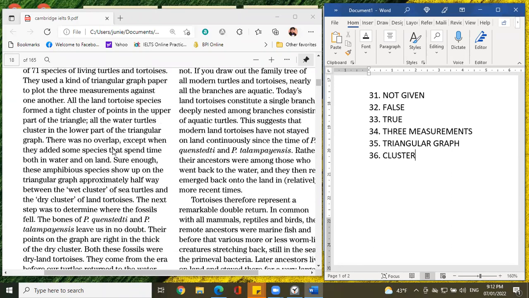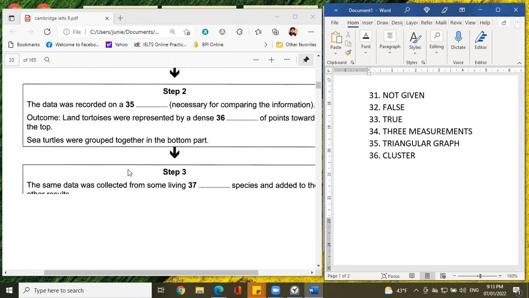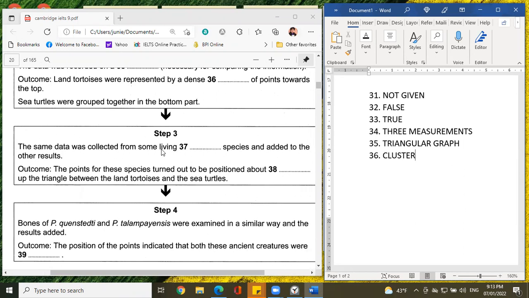Except when they added some species. Sure enough, these amphibious. Amphibious is the answer. And added, the same data was collected from some living amphibious.